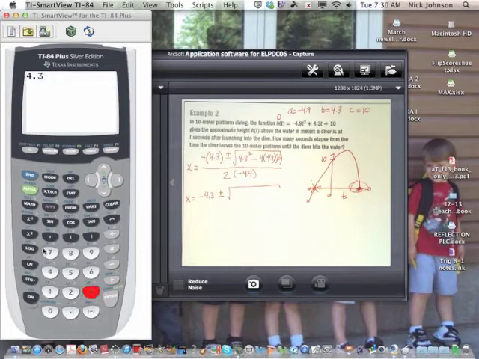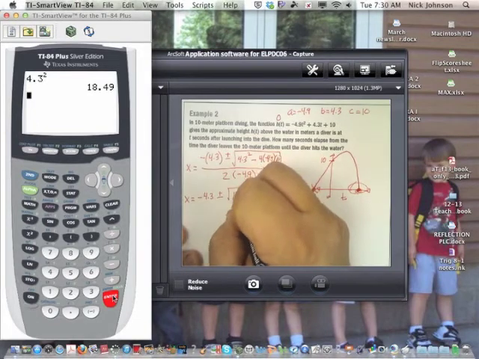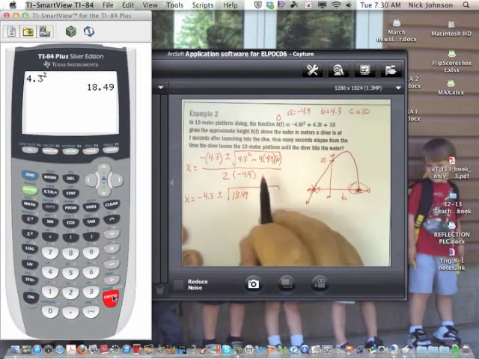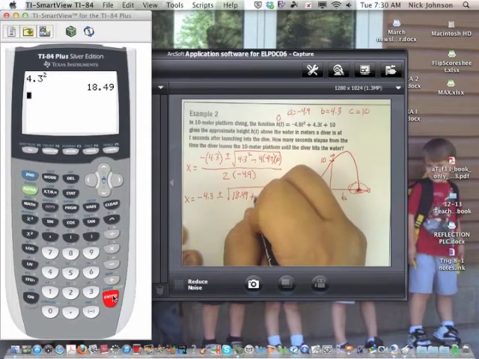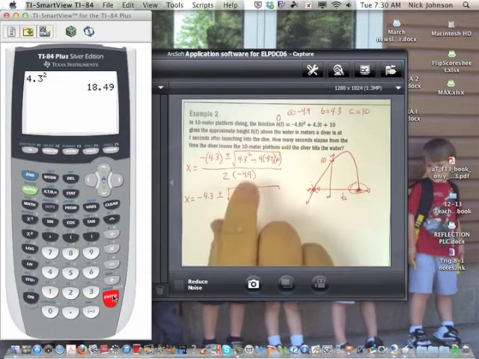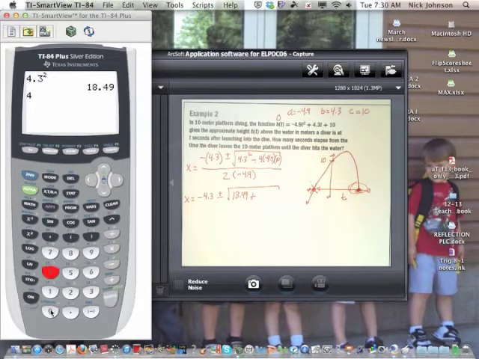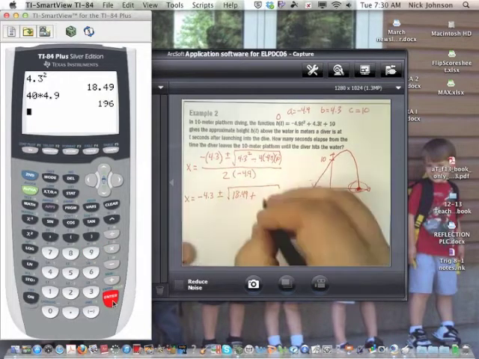I'm going to go to my calculator. 4.3 squared gives me 18.49. I got a negative times a positive, which gives me a positive. 4 times 10 is 40, so I'm going to take 40 times 4.9.